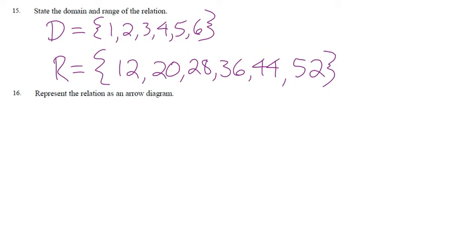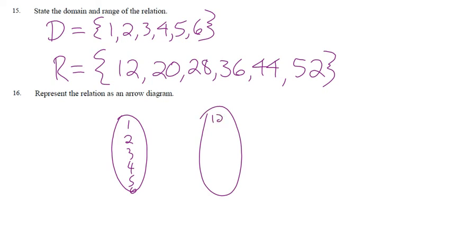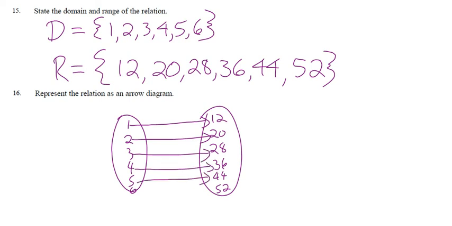But in an arrow diagram, you list the domain vertically in the first oval. You list the range vertically in the second oval. And now you make the connection. So you say 1 goes with 12. And this is just kind of a fairly basic, boring one, right? There's nothing exciting here.